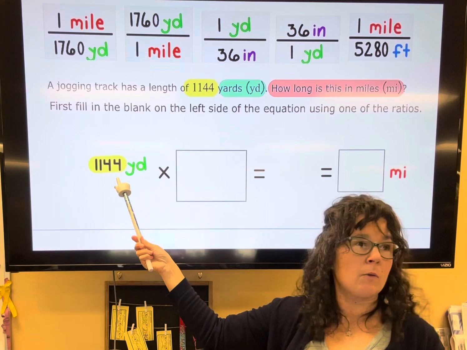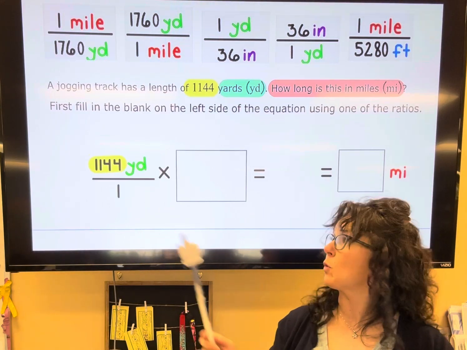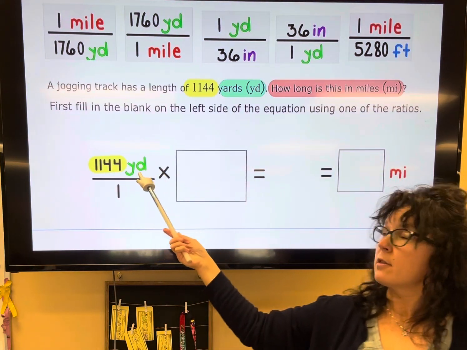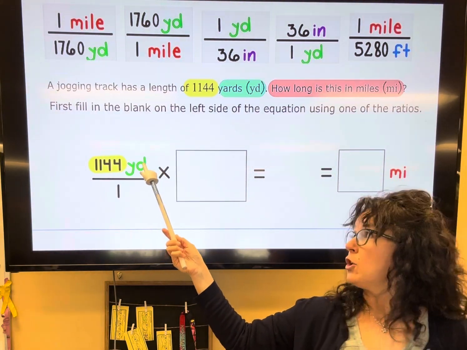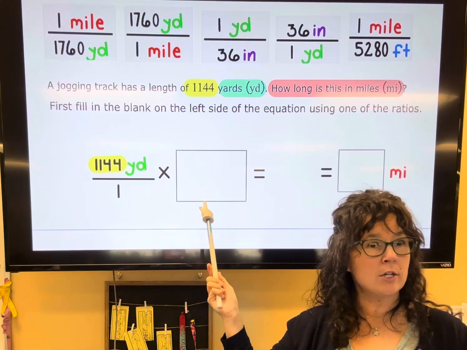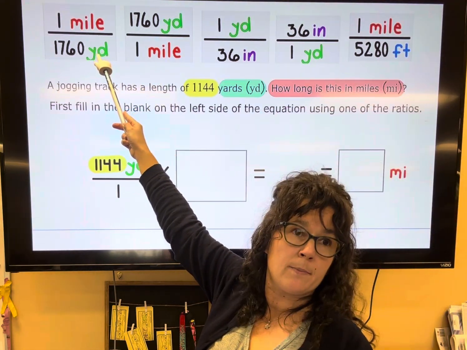Keep in mind that I'm starting off with 1,144 over 1, and I'm trying to get rid of the label yards. Yards is in the top, so I want to pick the one where yards is in the bottom, and yards is in the bottom in this one.